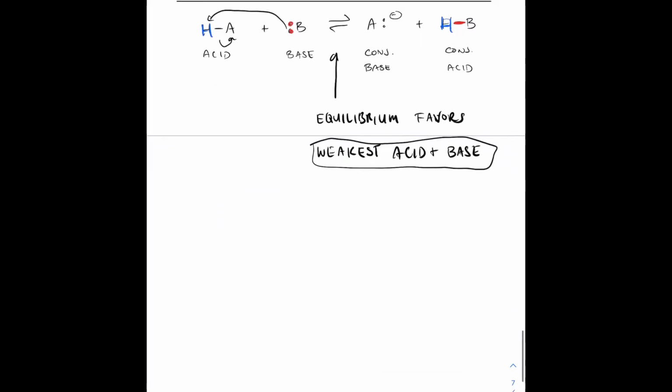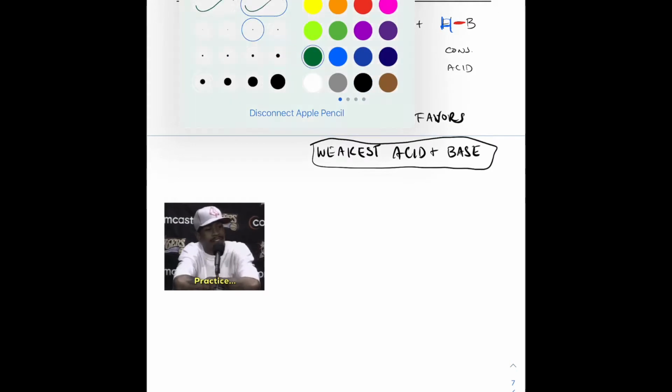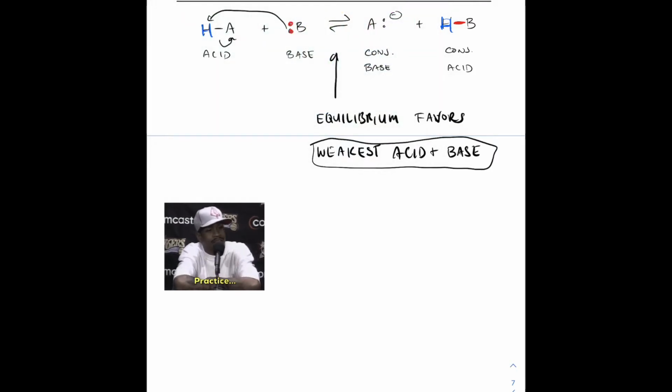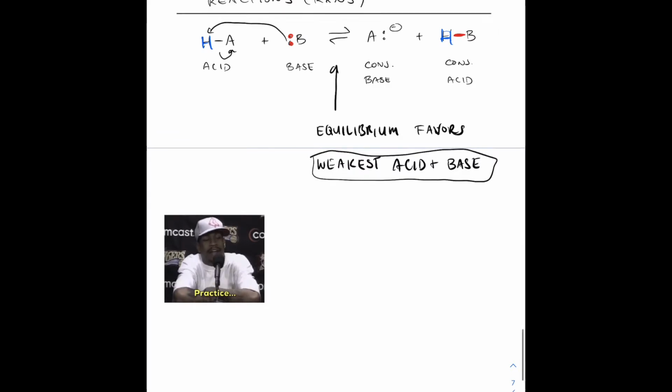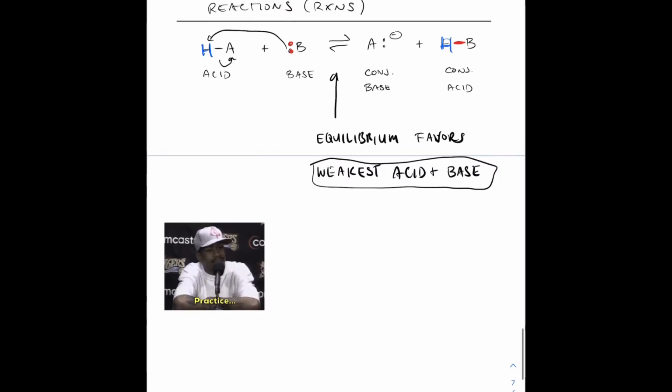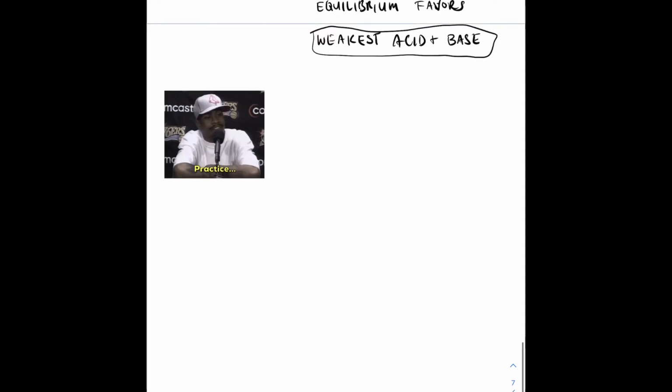We went over what values can indicate whether we have a strong acid or base, and pKa was that useful tool. Remember that lower pKa's are going to be strong acids, and stronger acids provide a weak conjugate base.